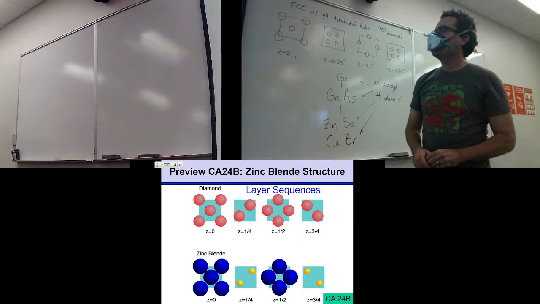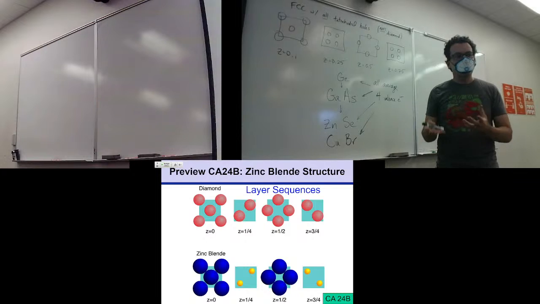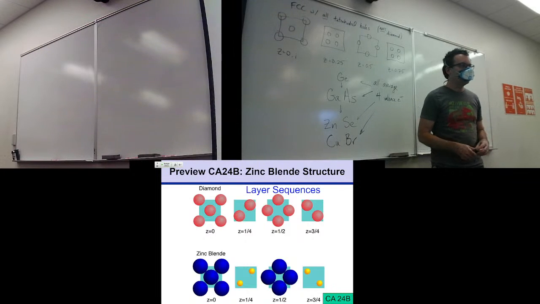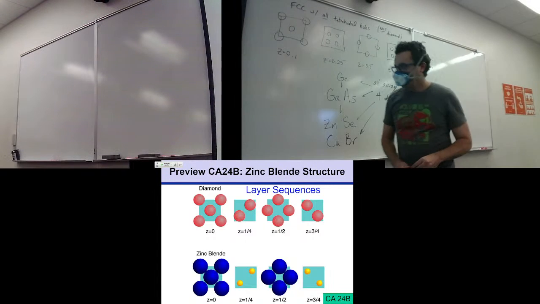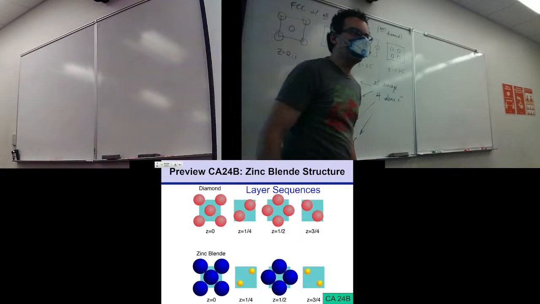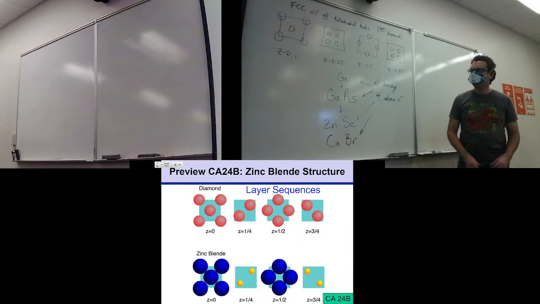So notice the difference. This is diamond on top, zinc blende on the bottom. They are essentially the same. The difference is that one has two different kinds of elements in it, so one of the elements will be in the FCC positions, and the other element will be in the tetrahedral hole positions.